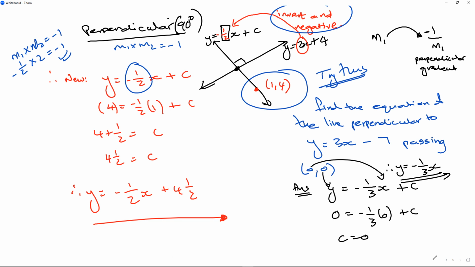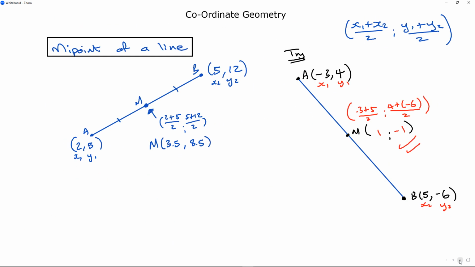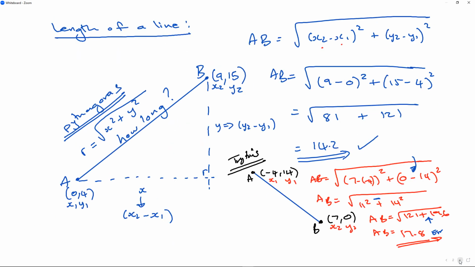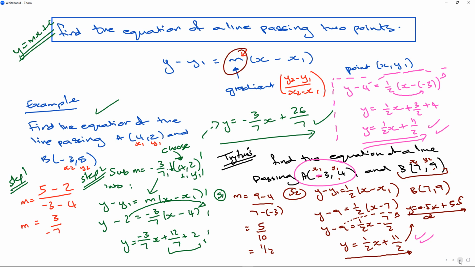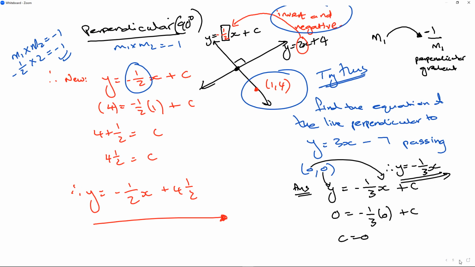Cool. So what have we done so far? We have covered, from the start, the midpoint of a line. We've done the length of a line. We've done the equation of a line passing through 2 points. We've also done parallel lines as well as perpendicular lines. Okay.